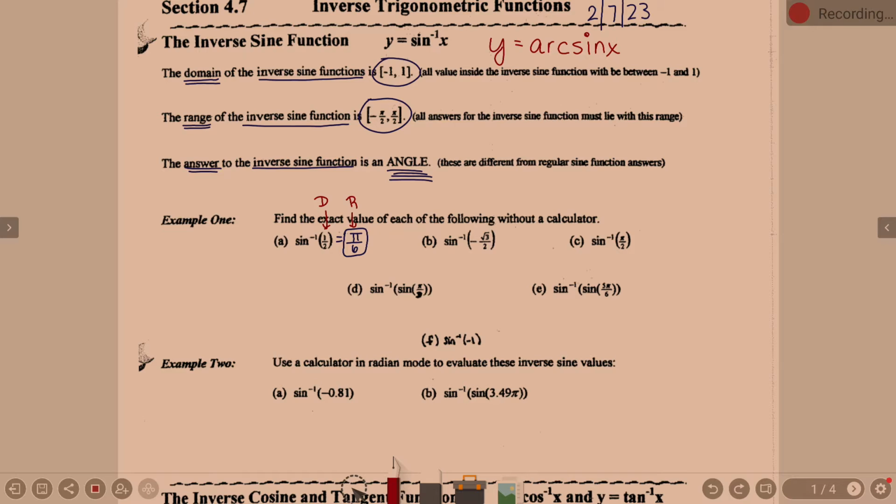So let's look at B. Now, before we jump into B, check and make sure, is this a valid domain value here? In other words, because this will be important at times, there's my domain. Is that a valid possible domain value?